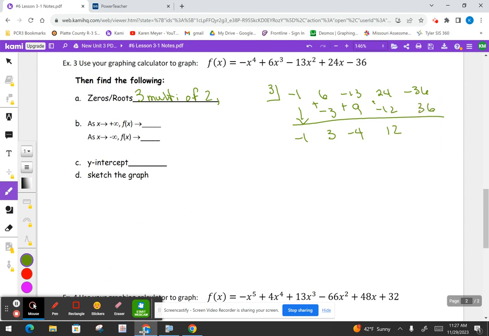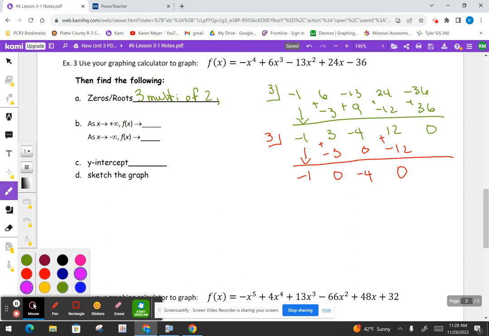And of course, remember the remainder should always be 0. Now I'm going to do synthetic division again with 3, because we said multiplicity of 2, which means 3 counts twice. So drop, and then the pattern is multiply and add. And you better get a remainder of 0.